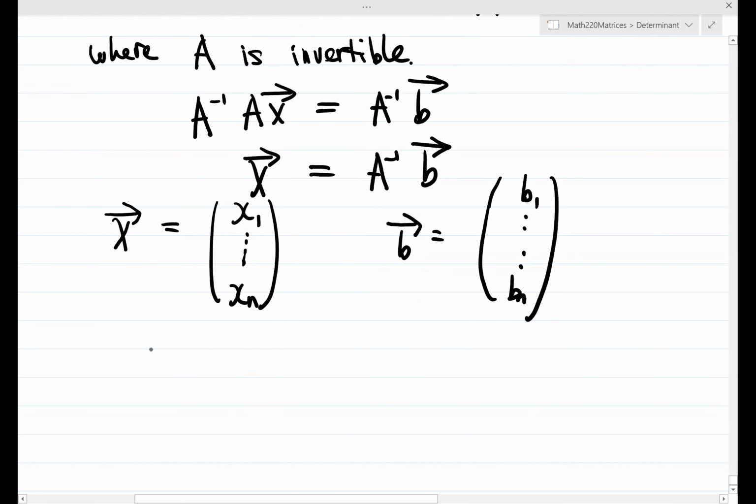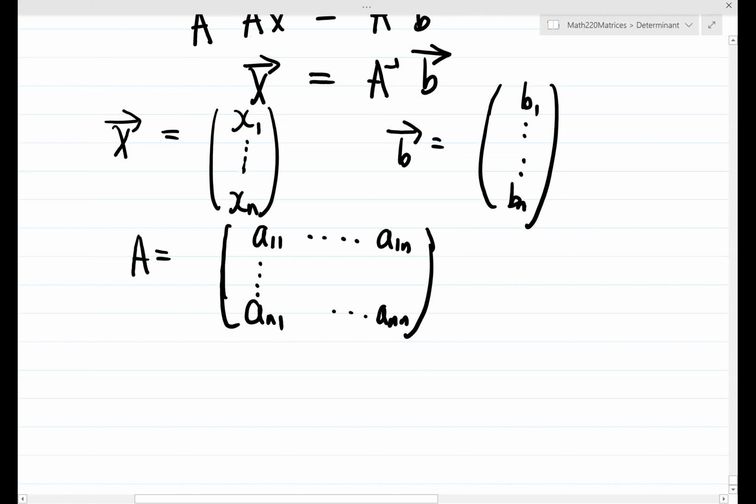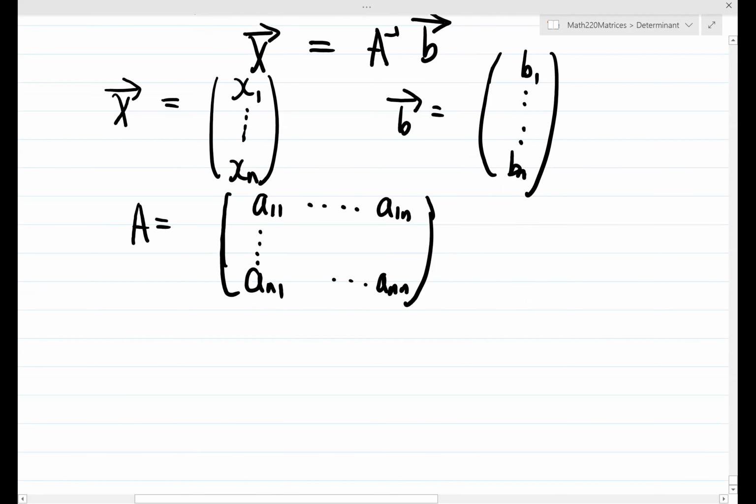Of course A is the matrix with entries A11 to A1n, all the way to An1 to Ann. So this is an n by n matrix. Now we already know A inverse. So we find the solution: X is A inverse times the vector B.